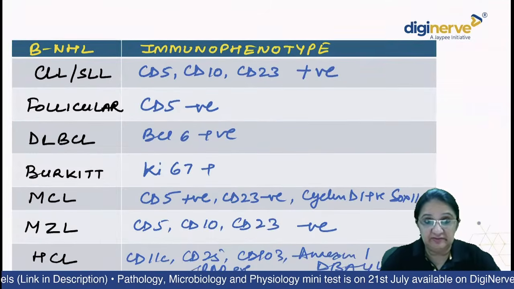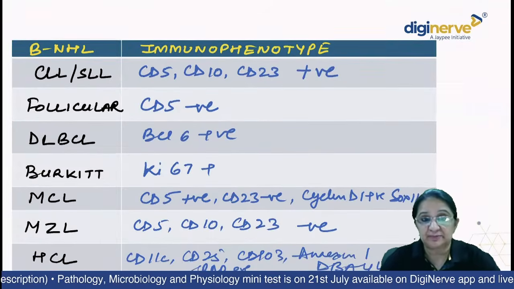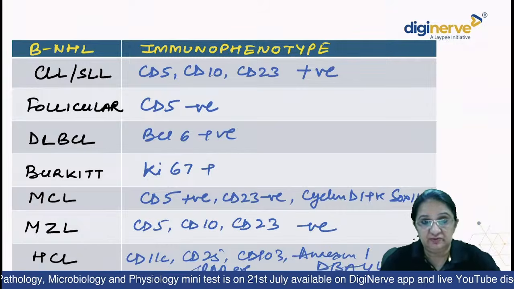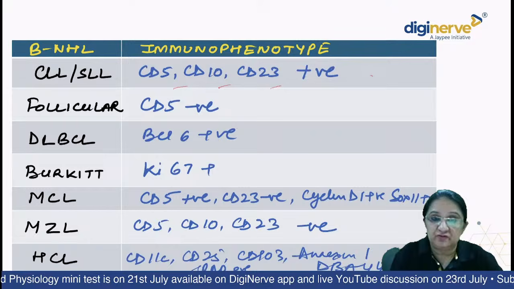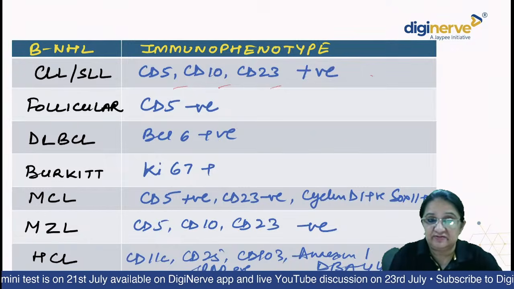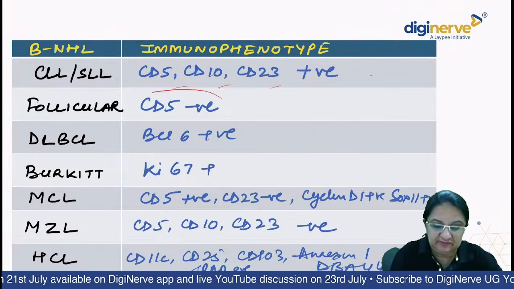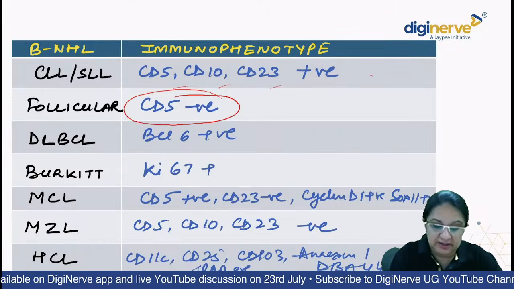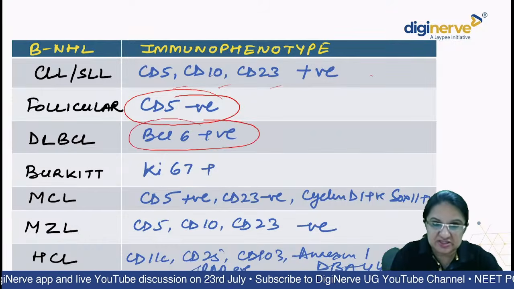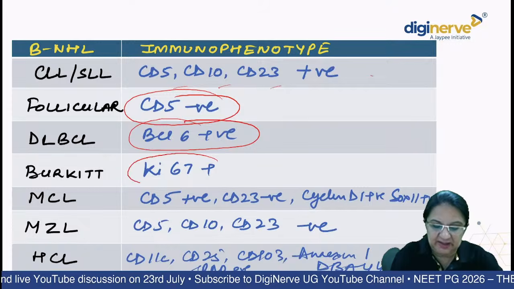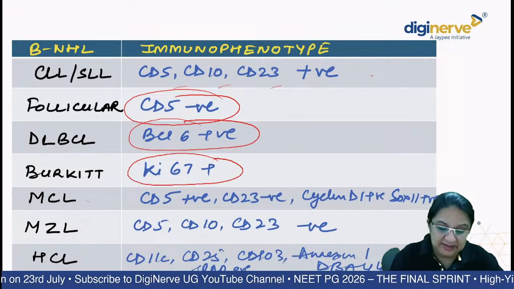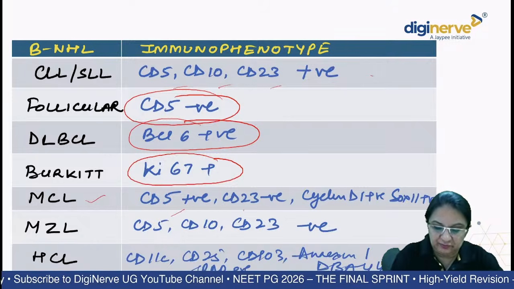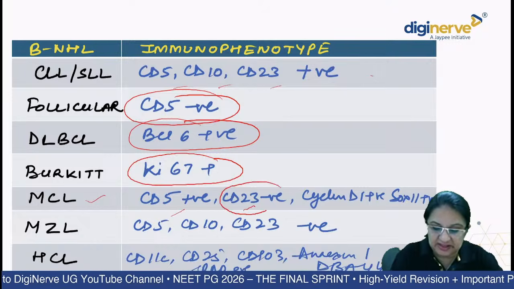Okay, very quickly revising the immunophenotype. CLL or small cell lymphoma, CD5, 23 positivity. Follicular, the most characteristic finding that you have to remember is CD5 negative. DLBCL, BCL6 positive. Burkitt, highly rapidly dividing, Ki67 positive. Mantle cell, CD5 positive but CD23 negative.